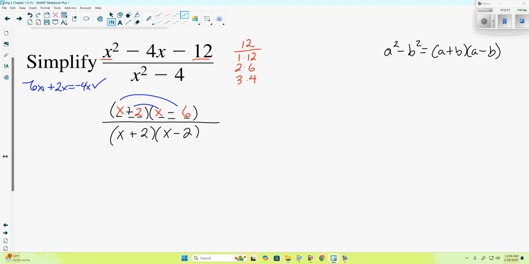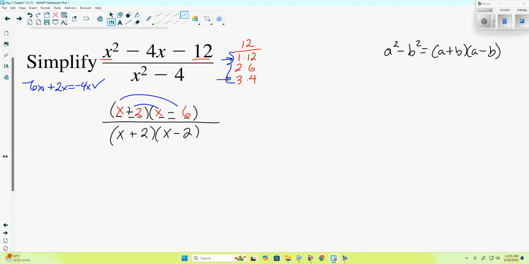Now, some of the reasons I say factor the one we can see the factors of first is going to be nice is because we knew the denominator was x plus 2 and x minus 2, yes? If something's going to simplify, the numerator of this had to have either what? An x plus 2 or x minus 2. Because if it had one of those two factors, it's going to simplify on top and bottom. If it doesn't, there's going to be no simplification. There's nothing we can simplify. So what that means for us is, especially when I'm looking at the factors of 12, if the factors of the third term were 1 and 12 or 3 and 4, would anything have simplified?